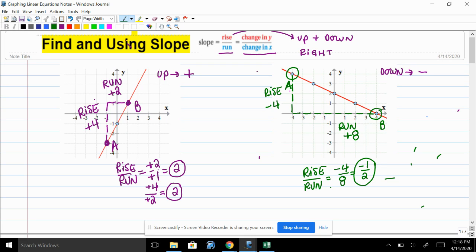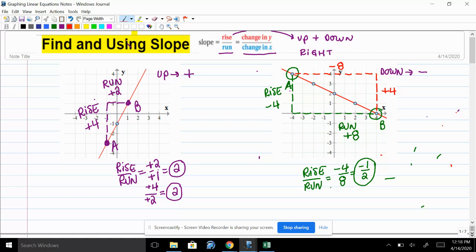Now I've got a little time here, so let's just say you accidentally counted backwards. That's not going to change anything. Let's say I wanted to go from point B to point A. I would then rise 1, 2, 3, 4. So that would be up 4, and now I'm running to the left: 1, 2, 3, 4, 5, 6, 7, 8 to the left.